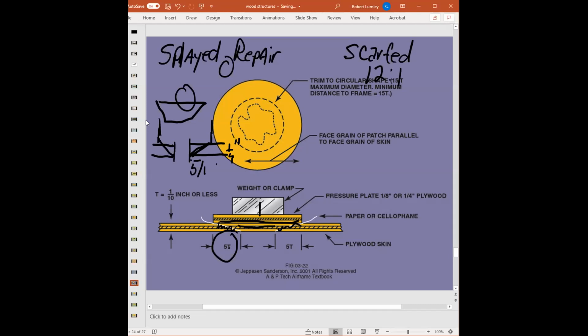A scarfed patch then, instead of being like this, has a much greater taper. That much greater taper makes a much stronger repair because we have a larger glued area, and it generally will be a much smoother repair. Are we good there?